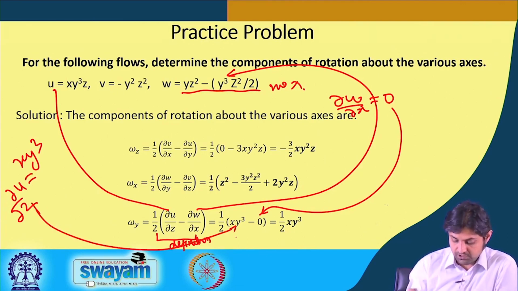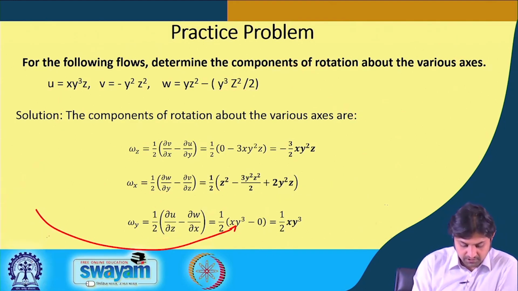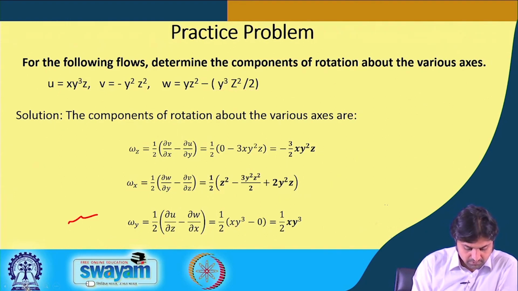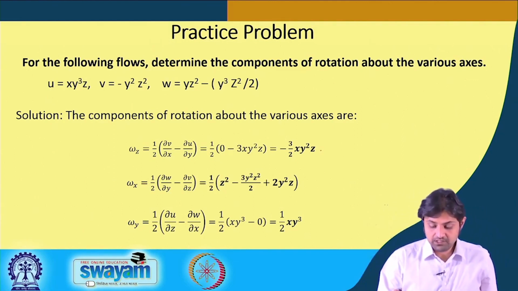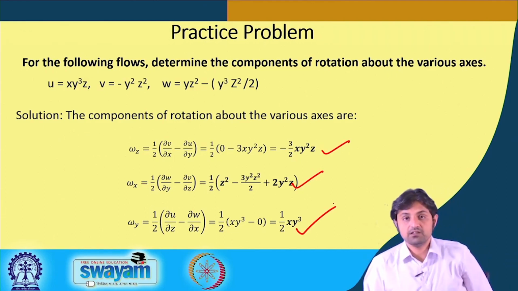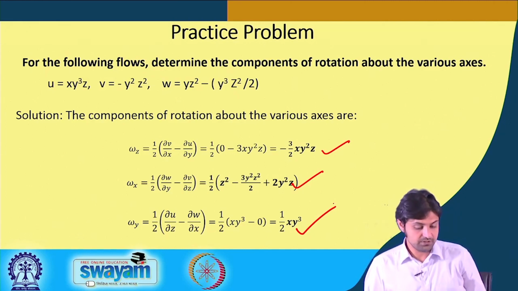I will erase all this ink. So we have calculated omega z, omega x and omega y, and this gives us our 3 rotational components.